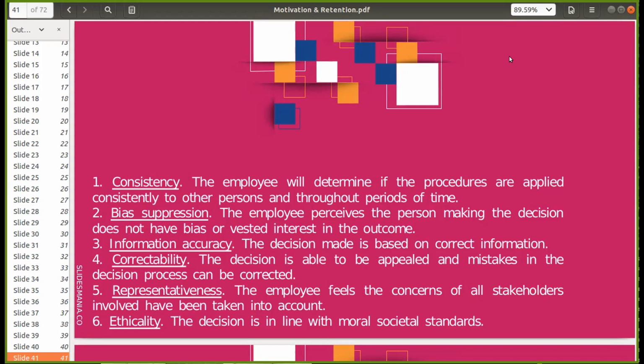Representativeness, the employee feels the concerns of all stakeholders involved have been taken into account. So lahat ng mga concerns and mga information, details ay na-document or naisulat. Ethicality. It should be in line with the moral societal standards or according to the company policy.